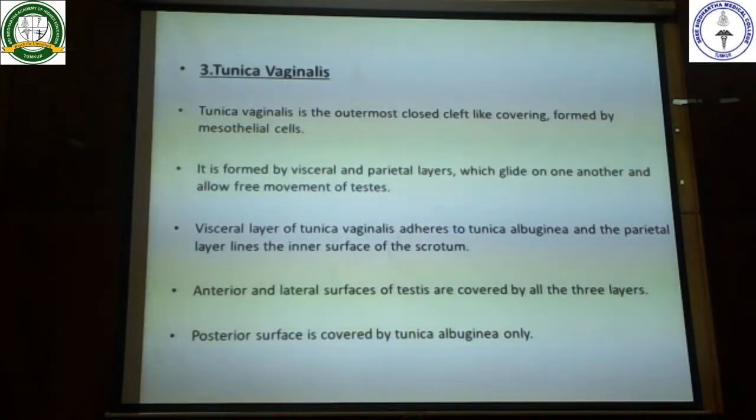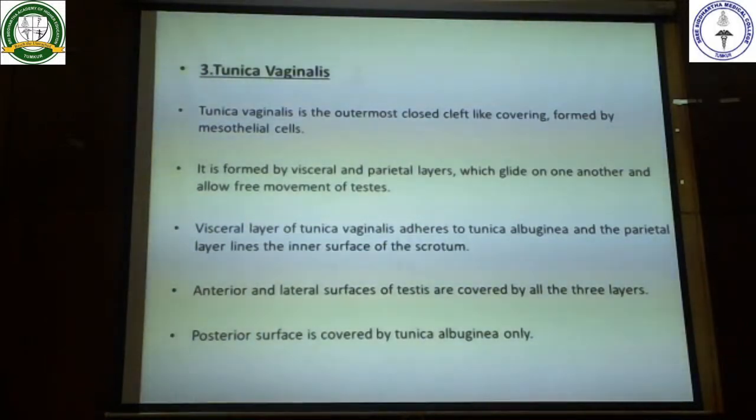And this tunica vaginalis is again made up of two layers, outer parietal layer and inner visceral layer. These two layers glide on one another, and that allows the free movement of the testis.